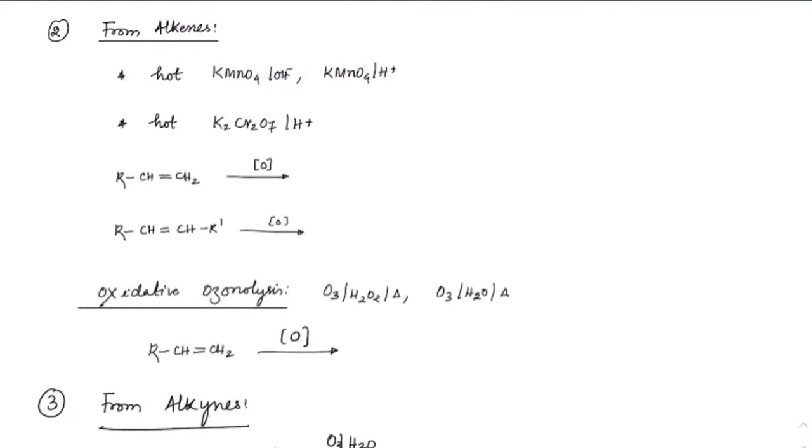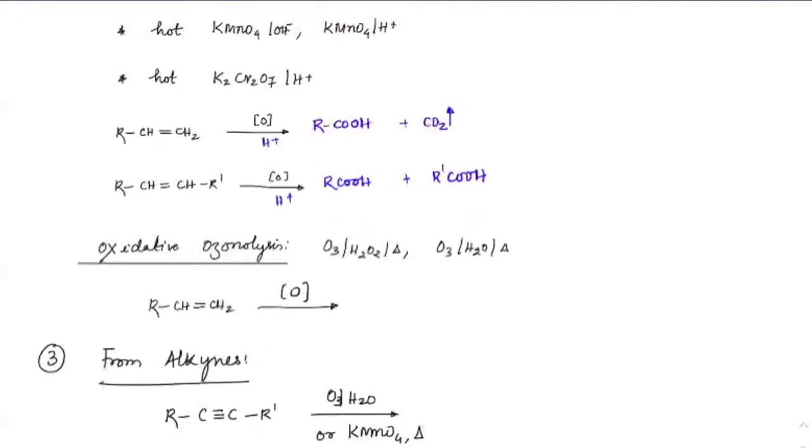And in oxidation, we will have RCOOH. I'm considering this in acidic medium. In basic medium, it will end up with COO minus. Plus the single carbons will always become carbon dioxide. That's how it gets oxidized. Same here, RCOOH plus R'COOH. These are from straight alkenes.